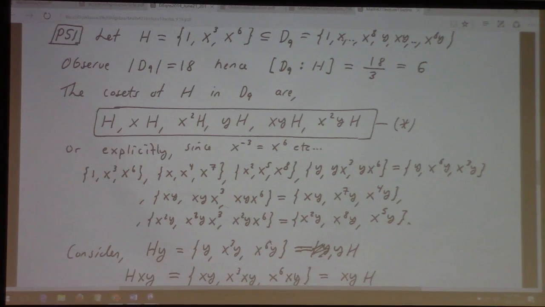All right. This one, what was this one? This basically said to quickly calculate the index of H in D9, and to list the cosets. So, since the order of H is 3, the index of H in D9 is 18 over 3, which is 6, and these are the 6 cosets, right?